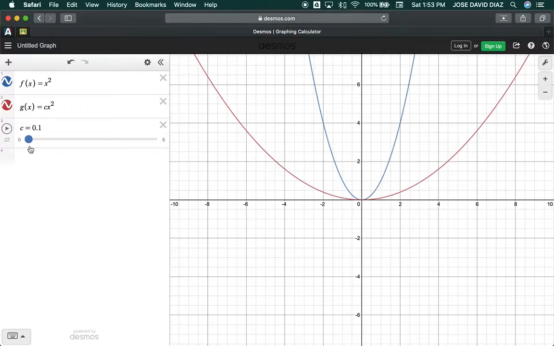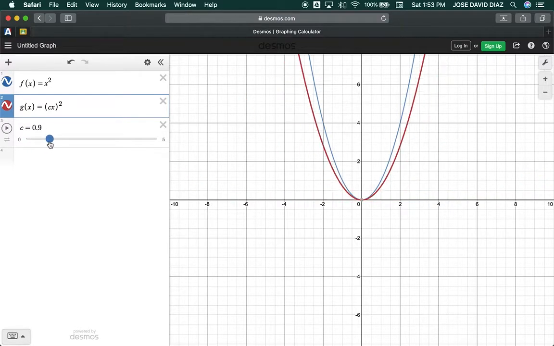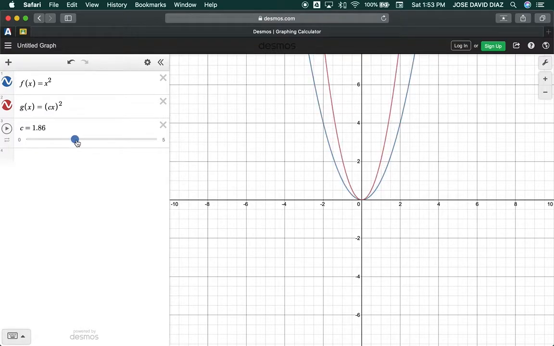If we go back into Desmos, I'm going to place this c inside the parentheses. That's how it should be. And let's make that into a 1. 1 is the same. If it's bigger than 1, it's going to be a horizontal shrink.